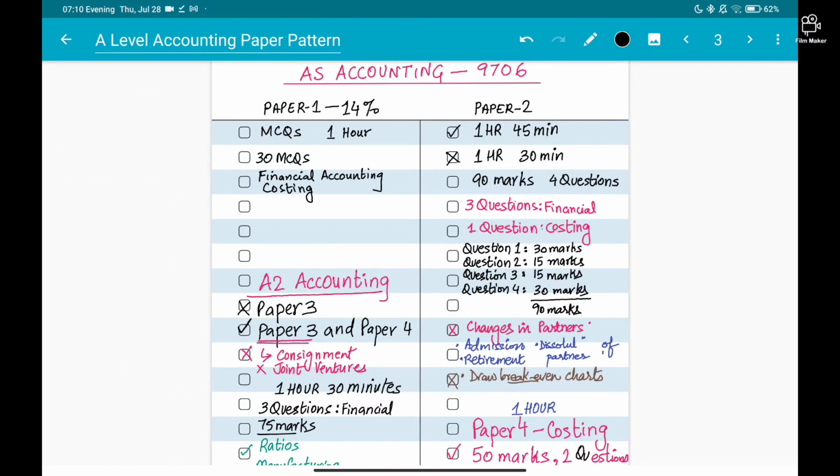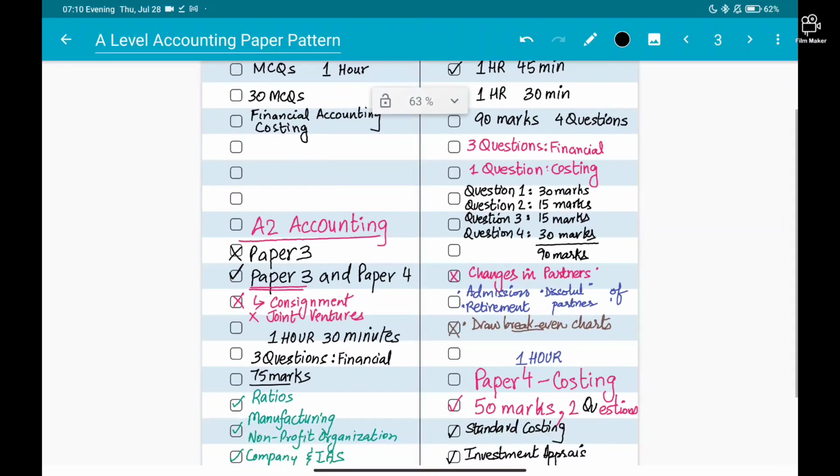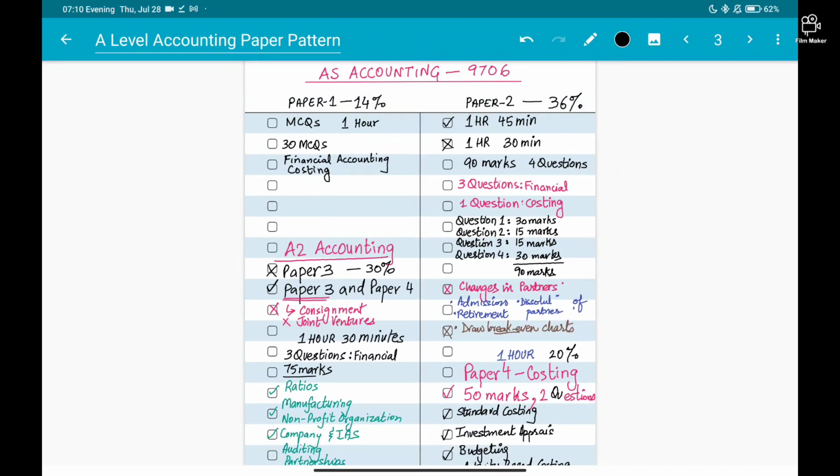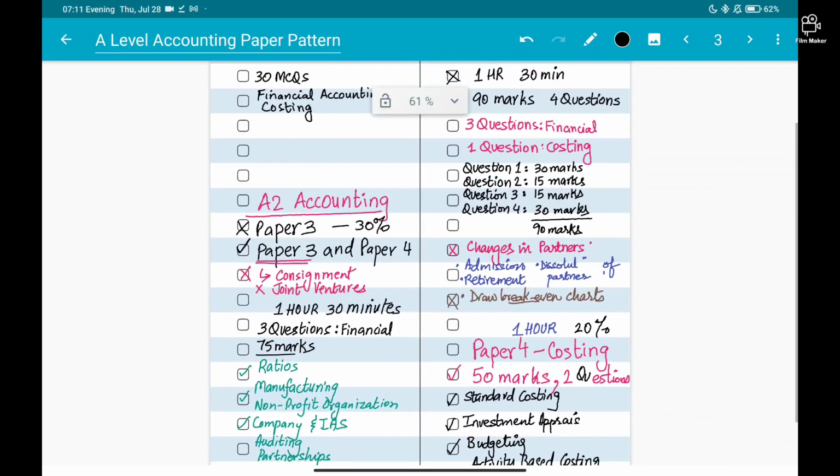Final grade means from A star to U. Paper 2 has the weightage of 36%, the final weightage. Paper 3 has the weightage of 30%, and paper 4 has the weightage of 20%. And when you add all of them, 30, 20, 36 and 14, they add up to 100%.